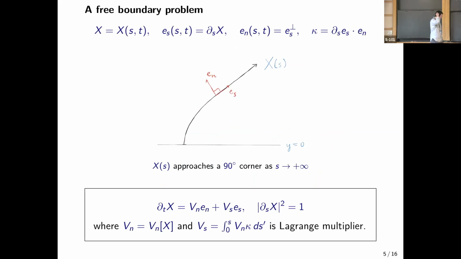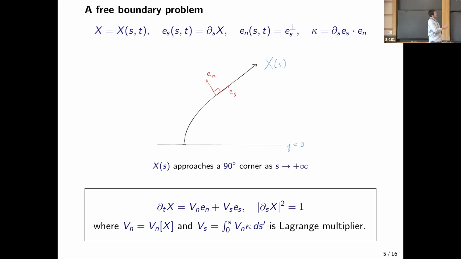So we're going to set this up with PDEs. We're going to set up a free boundary problem. We parameterize the boundary of the clay. First of all, we just look at the symmetric clay, so there's this invisible line here, and this whole thing is reflected across. We parameterize the body by capital X of S, so X is a vector in R2 and S is the arc length parameter.